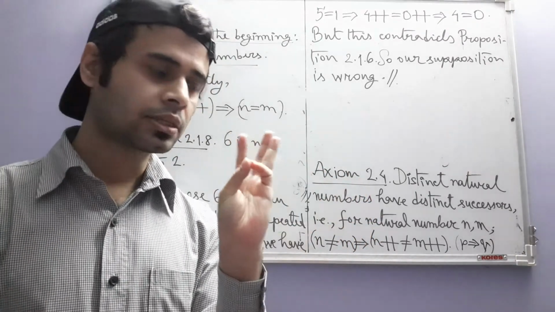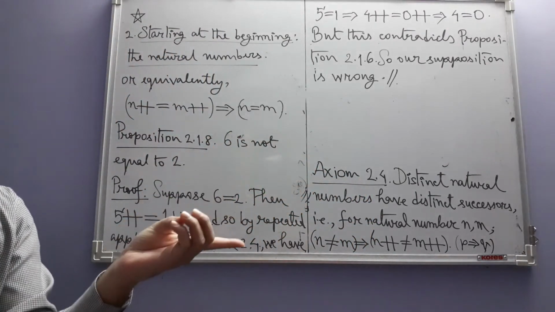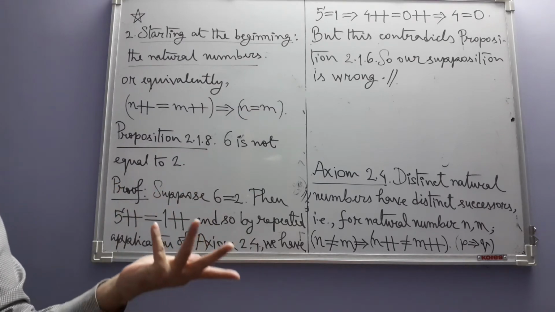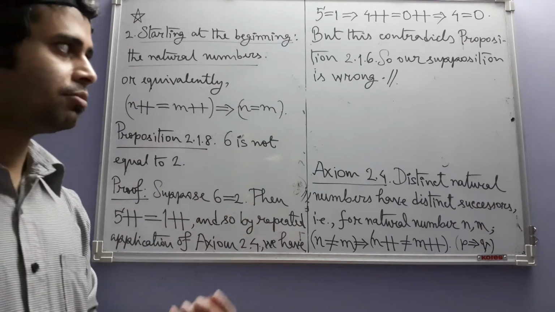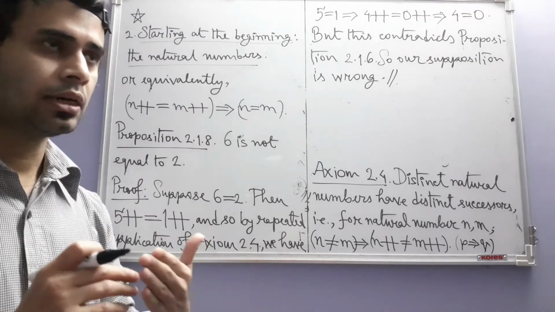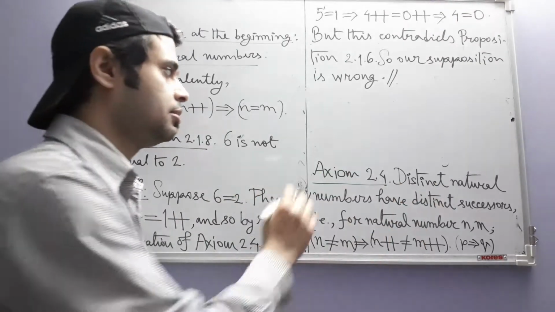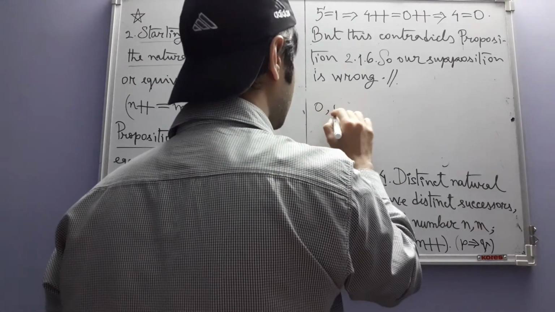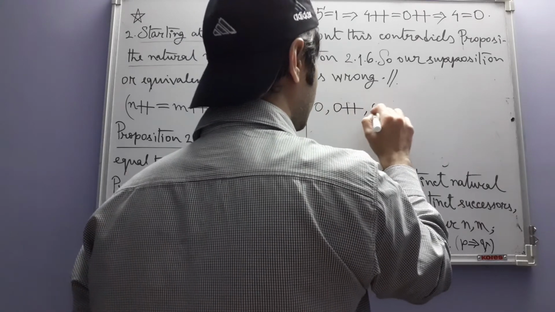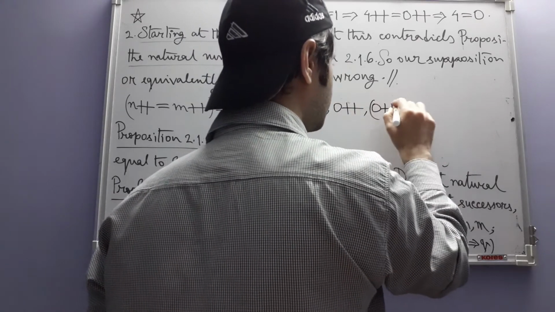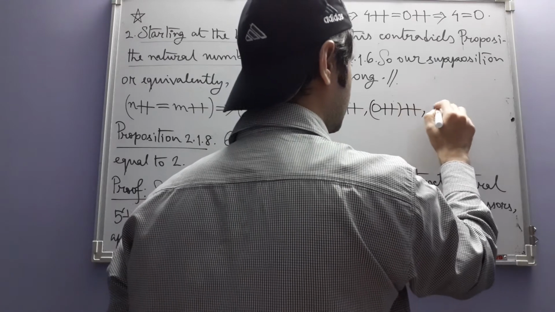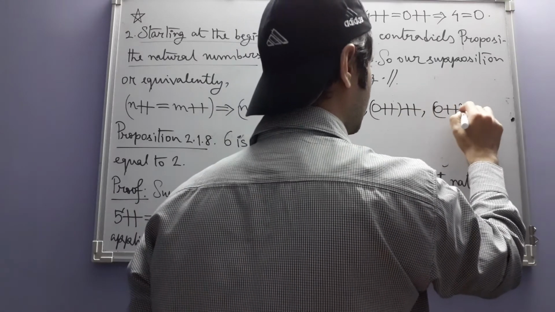And the fourth one says that distinct natural numbers have distinct successors. So now it seems that we can keep the natural numbers distinct, that is, these numbers, now none of them will be equal to any other. These are all distinct.